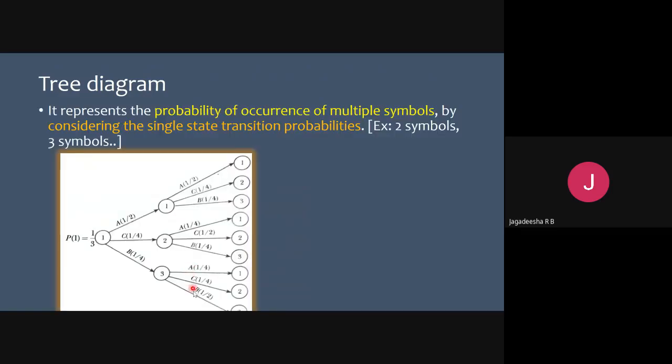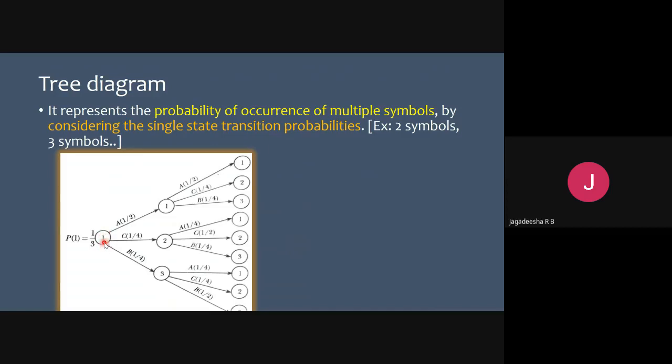If it emits A, C, and B, then accordingly it will be transiting to state 1, 2, or 3. So this is the case if the initial state was 1 or the symbol generated was A.